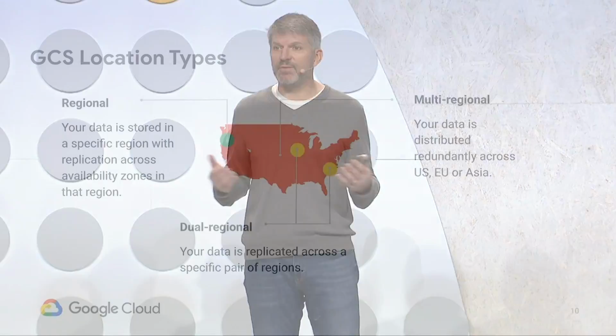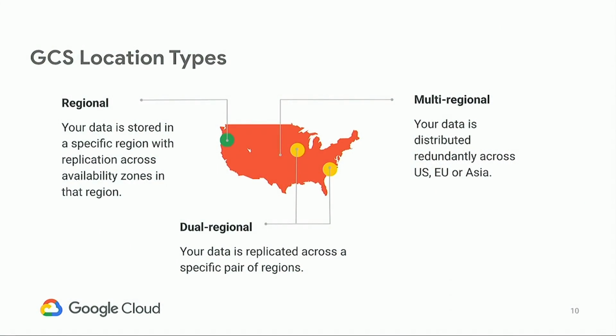And then the third location type is dual regional. This is something that we've introduced recently that combines the best of both worlds. Dual regional is a great way of ensuring that your data is located in a specific pair of regions. This way, you can ensure that you have really high bandwidth access to that storage within those 2 regions, say if you want to use that data for analytics, but you can get higher availability with dual regional than you can get with regional.